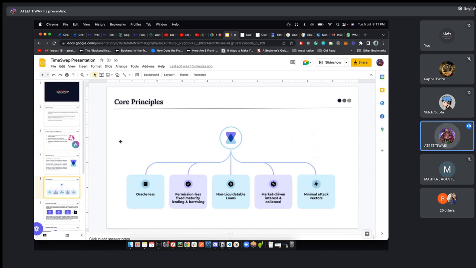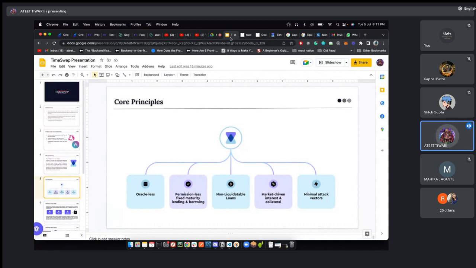The fourth factor is that TimeSwap is market driven, and TimeSwap uses market driven interest and collateral. So as lenders, borrowers, and liquidity providers interact with our pool, executing transactions, the interest rate and the collateral for loans are derived from the current market structure of those pools rather than external factors.